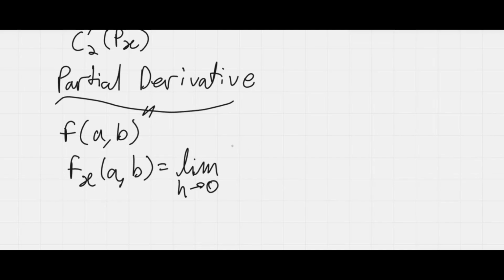So we are going to do the limit as h goes to 0 of f of a plus h comma b, and b is going to be constant over here because we just want to analyze the x component of this function, minus f of ab, all of that over h.